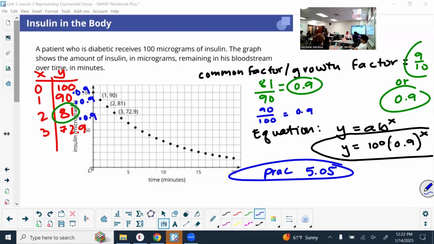If it asks you what it's losing each time, what would you say? Not 1/5. This is a different example than what I showed you on my objectives. If it's keeping 0.9, it's losing how much?